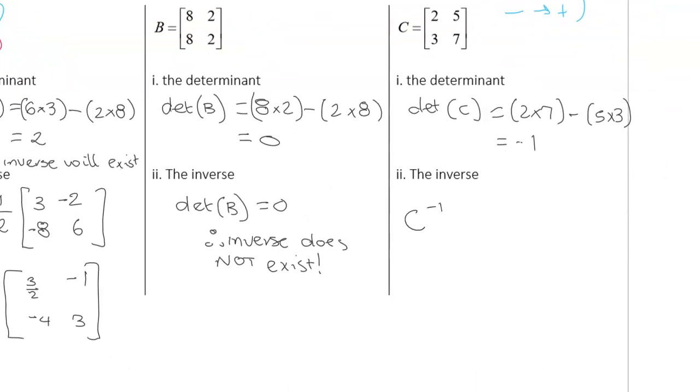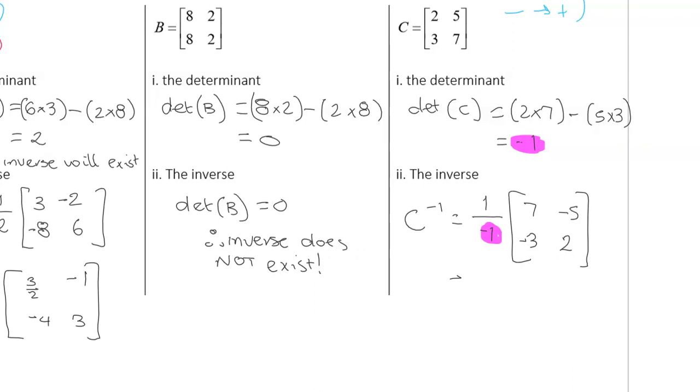To find the inverse of matrix C, we're going to do 1 divided by the determinant. Remember, it goes from here to down here. So 1 divided by -1 is just going to be -1. And then we switch the 2 and the 7, and the other two stay put, and we change whatever signs they had to the opposite.